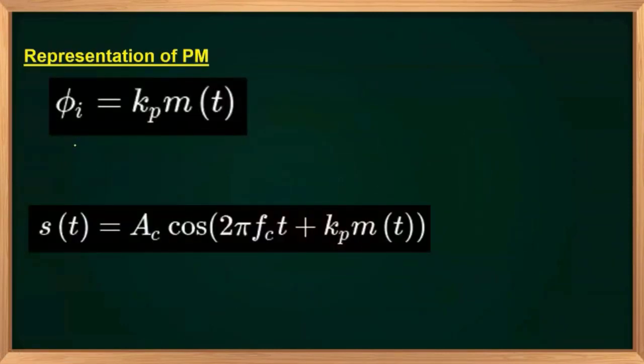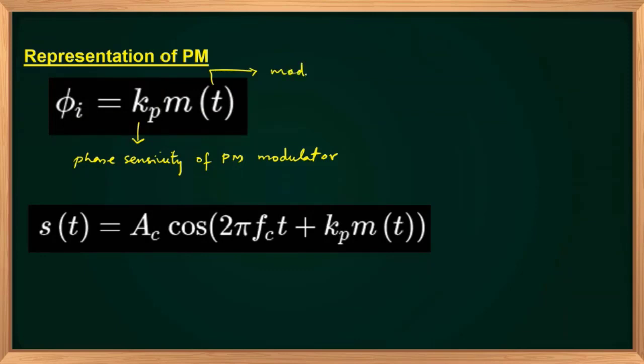Next, instantaneous phase. Kp is the phase sensitivity of the PM modulator. The modulating signal is m of t. If you consider the single tone case, m of t can be written as Am cos 2 pi fmt.